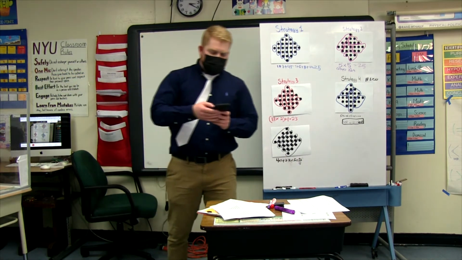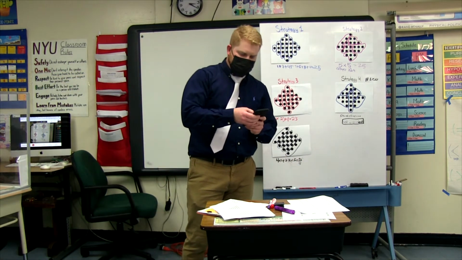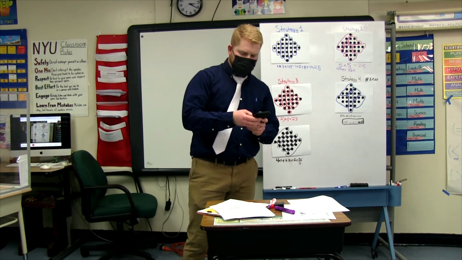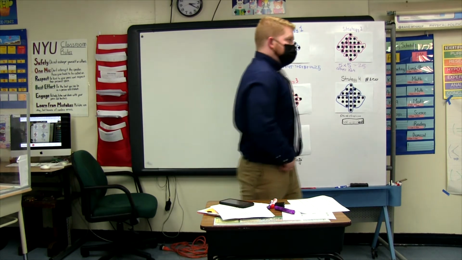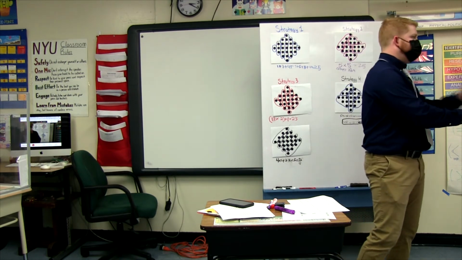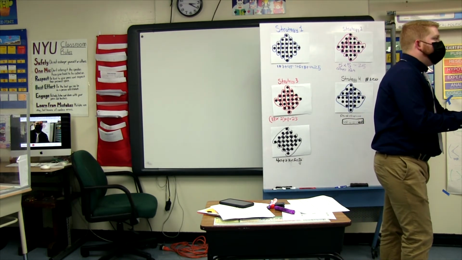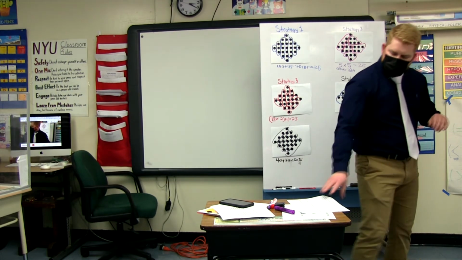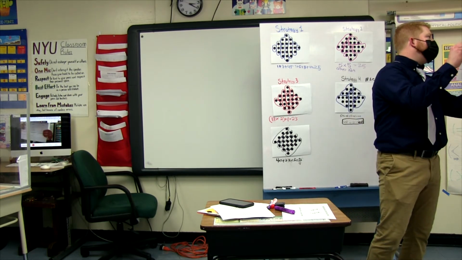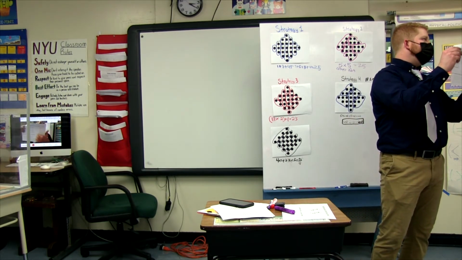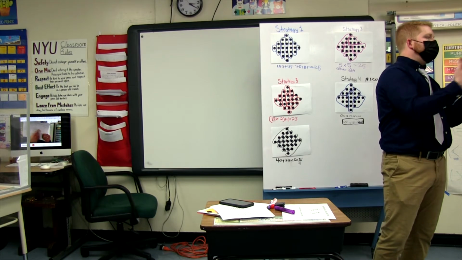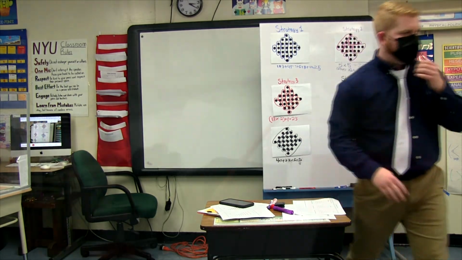Sorry, I stole your pencil, Umu. So once again, remote friends, you should be on the 3rd page. It's got triangles. You're going to figure out what pattern, what grouping you can do most efficiently.